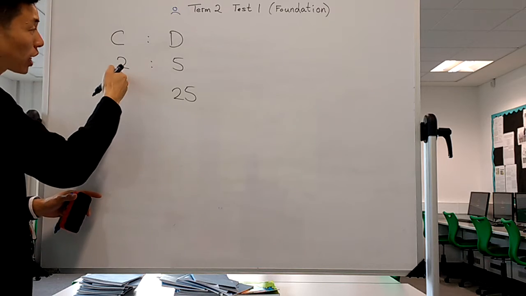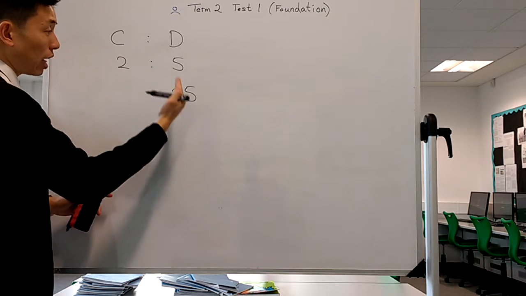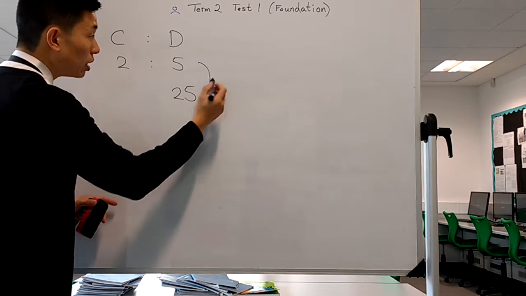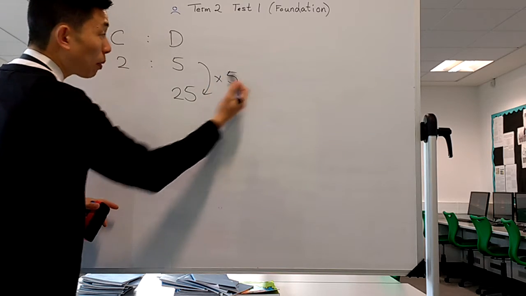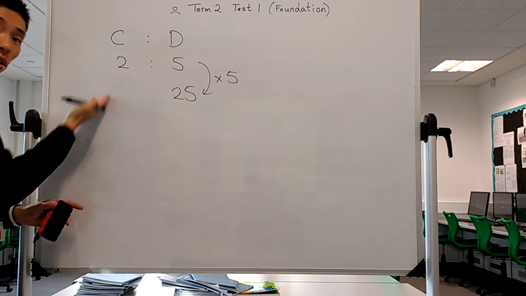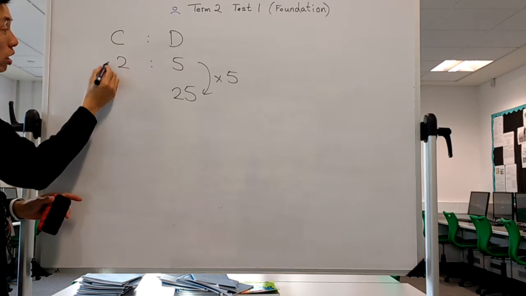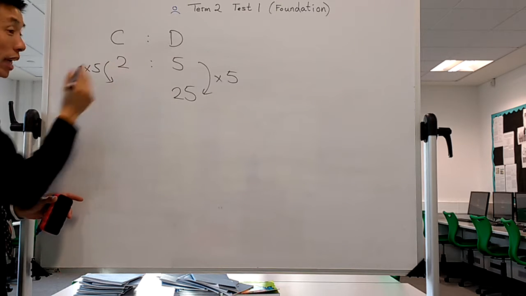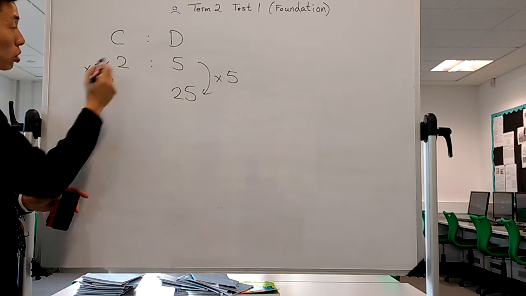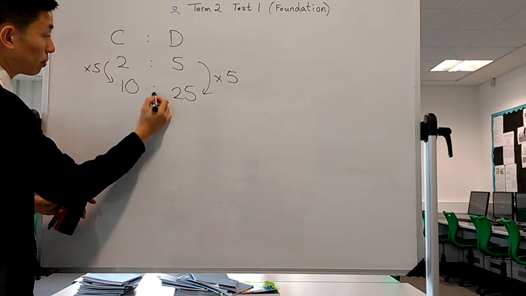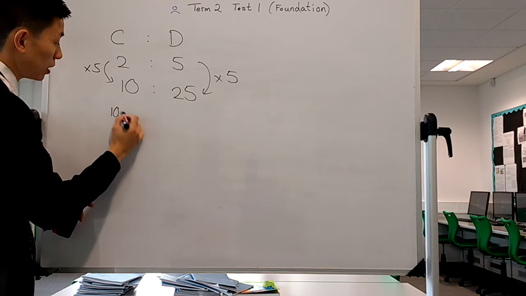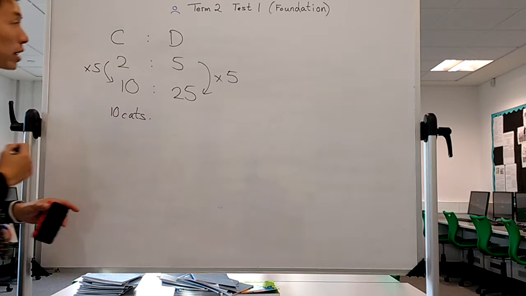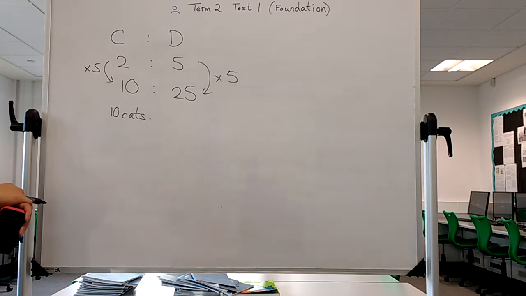So if for every 2 cats there are 5 dogs, and now there are 25 dogs, that means there are 5 times more. So the same proportion would increase on the cat's side. So 2 times 5 is 10. So that means there are 10 cats. And that's the answer for number 4.